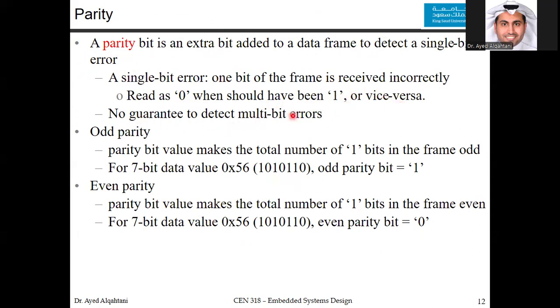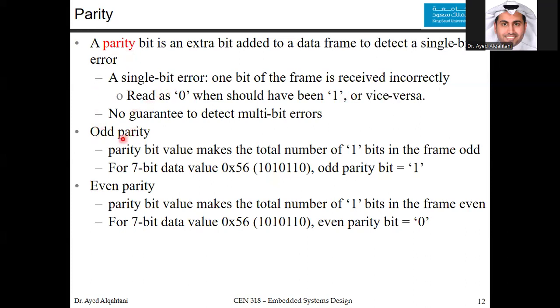For multi-bit errors, there is no guarantee to detect them using parity. There are other methods like the CRC, and many other error detection methods. But here, for this asynchronous serial communication, we are only interested in parity. It's enough for us because usually we do this over a short distance. We are talking about a microcontroller within a system, so the communication would be short distance.